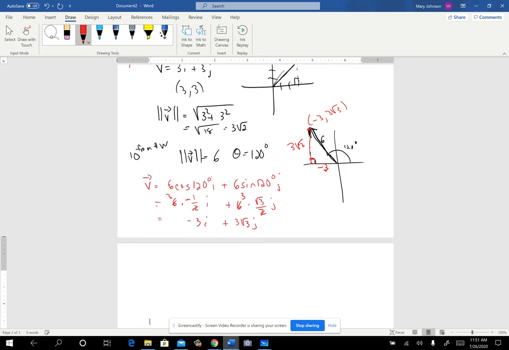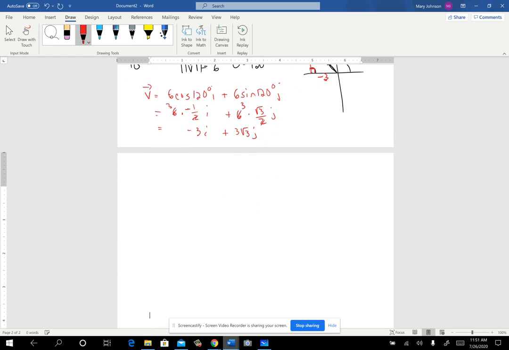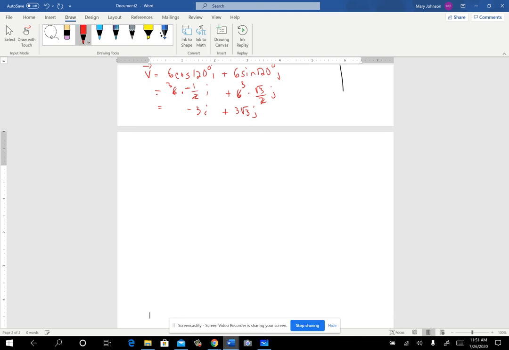All right, so here's one. This is number 11 on the homework. What if I wanted to plot the complex number and then write it in polar form? That's what the directions said.